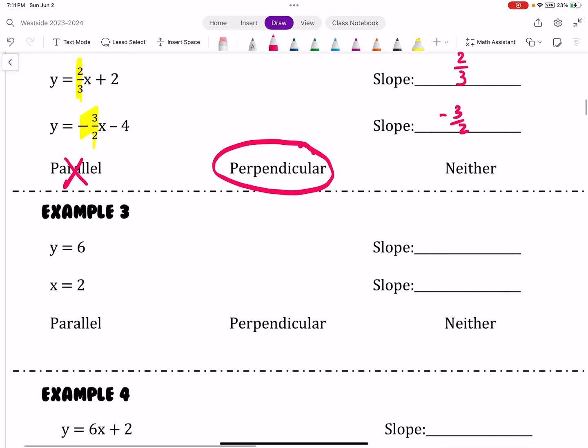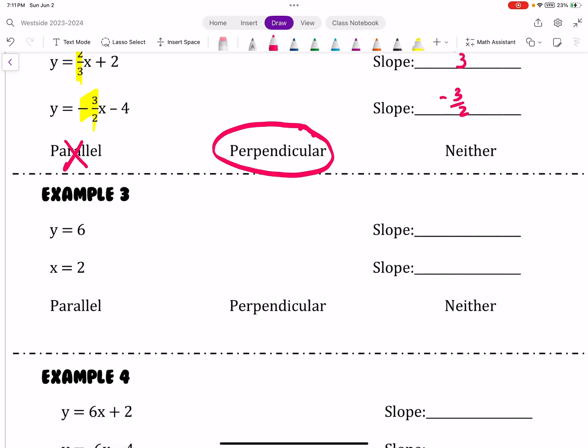Example number 3 is talking about our y equals and our x equals, so we have to think back to our horizontal and vertical lines. If I have my coordinate plane or my axes here, and I have y equals 6, we'll use blue for that one.